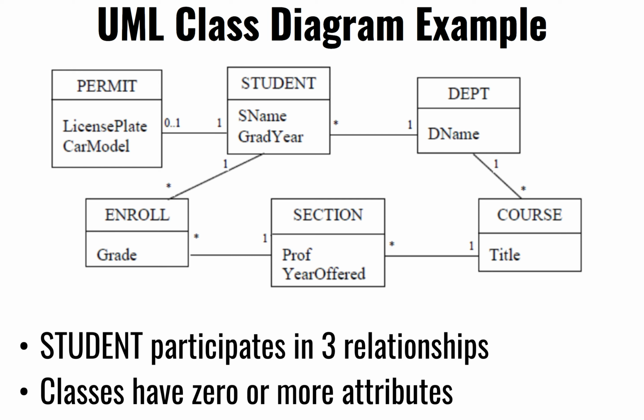One section can be related to many enrollments, and one student can be related to many enrollments. And this is the result of a reification. Really, what we want to capture is that many students have a many-to-many relationship with many sections.